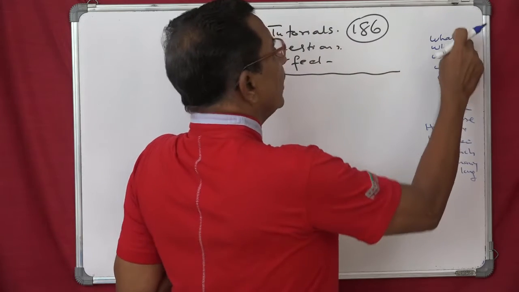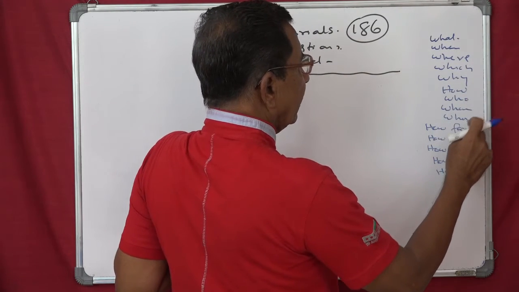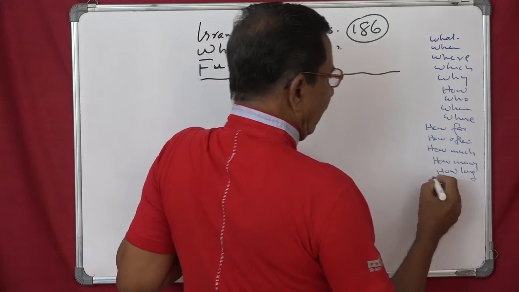So you have 1, 2, 3, 4, 5, 6, 7, 8, 9, 10, 11, 12, 13, 14. So you have 14 question words.